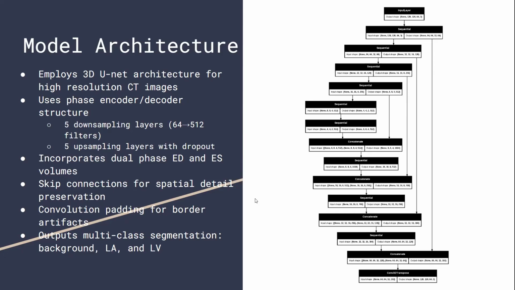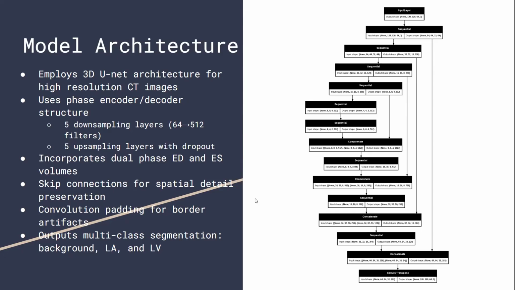The architecture uses a classic encoder-decoder structure with 5 downsampling layers, which increase the filters from 64 to 512, capturing the features at multiple scales. And we use 5 upsampling layers, include dropout for regularization, and reconstruct the full resolution segmentation.